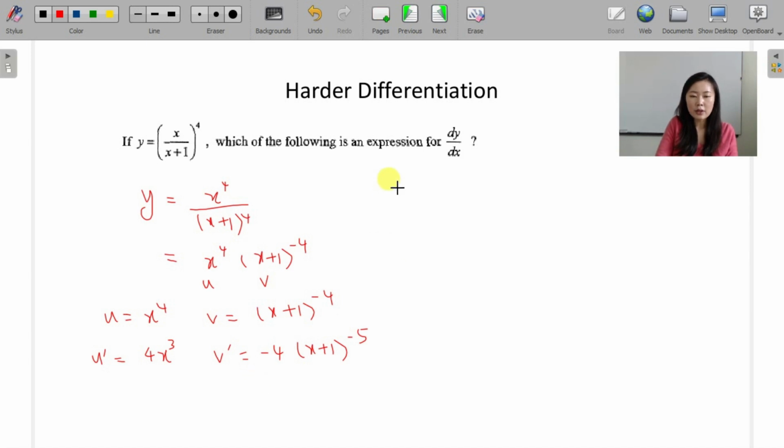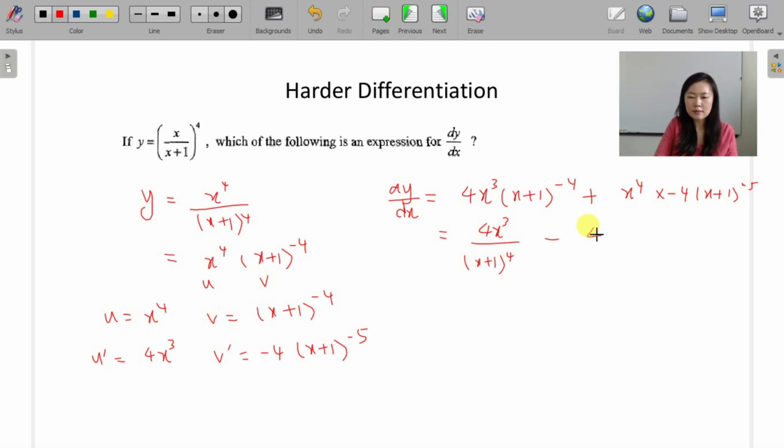All right, so dy dx is just another notation for y dash. So vu dash plus uv dash. And then I'm just going to change the negative indices back to positive indices.